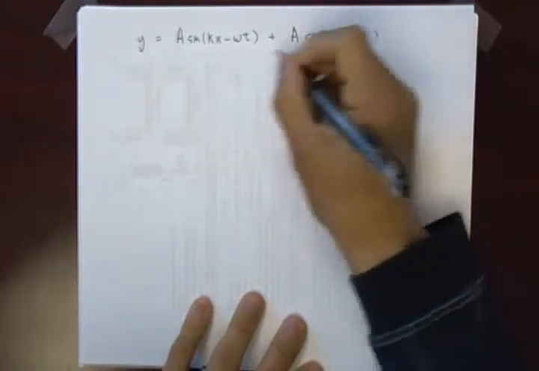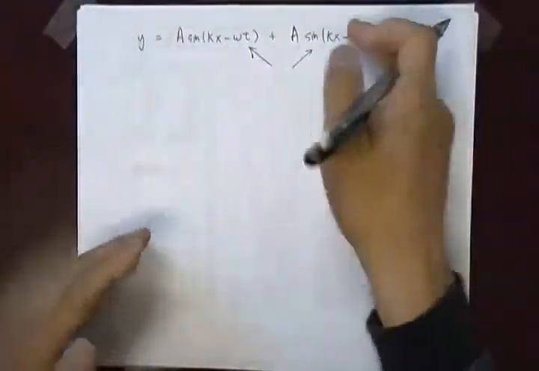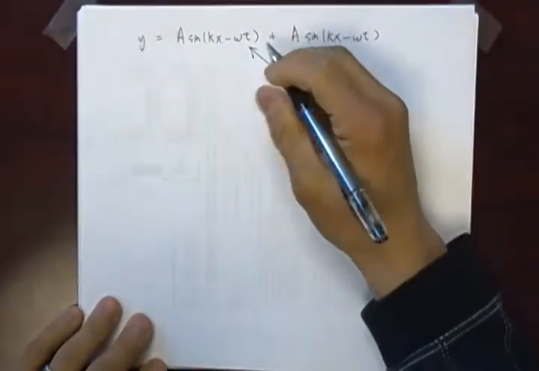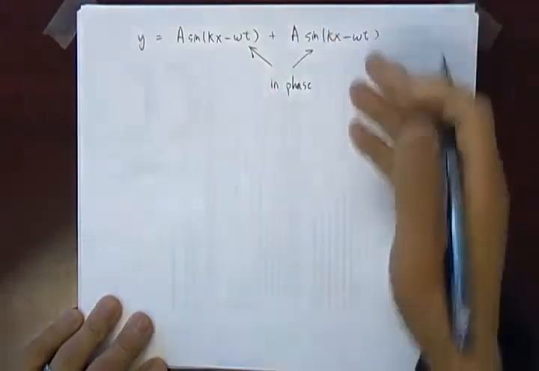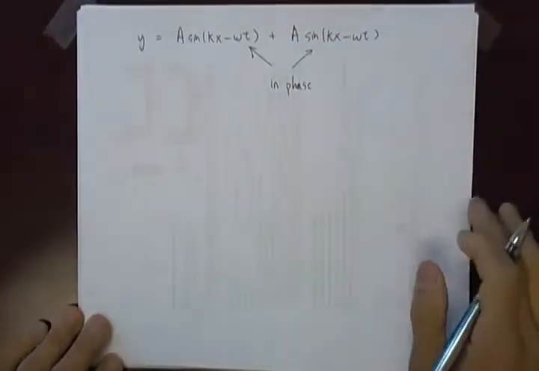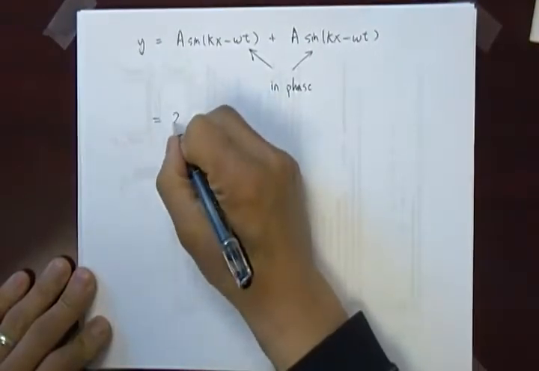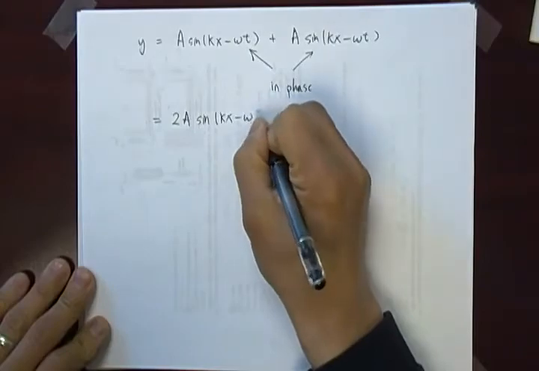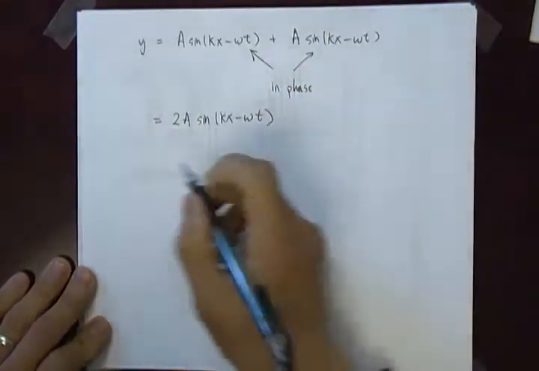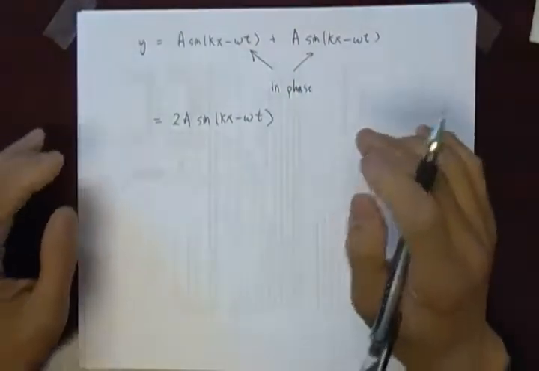Because they go up and down exactly in the same way, because they're exactly the same function, we say these are in phase. You've probably heard that term before. They're doing the same thing. If I have this, then it's not so hard to see that I just add them together and get 2A sine kx minus omega t. That is constructive interference.